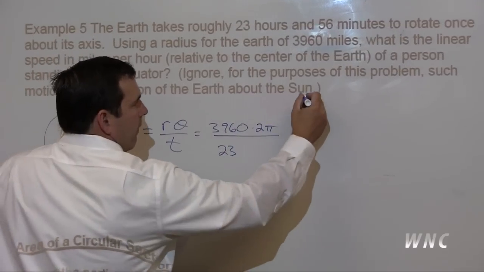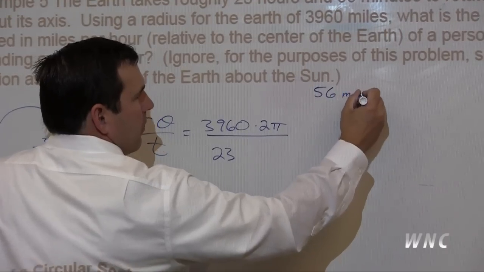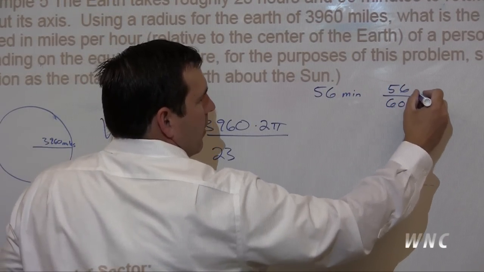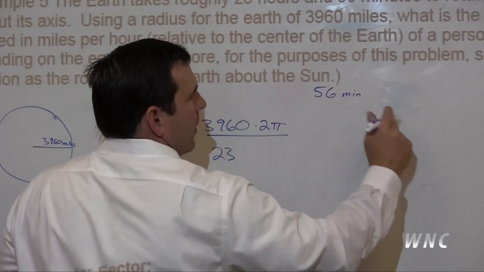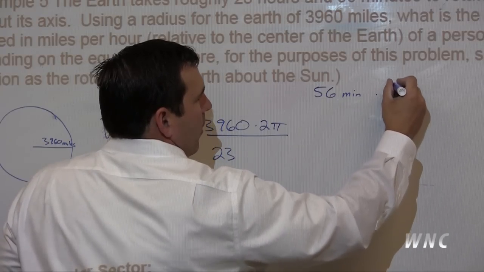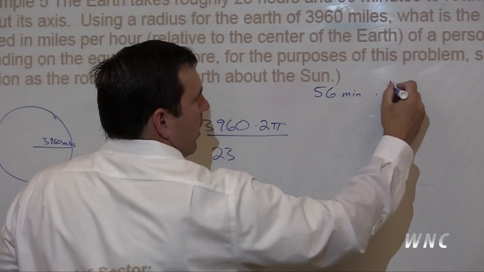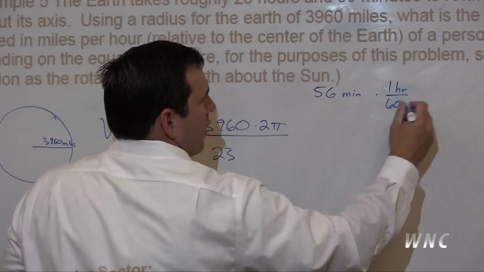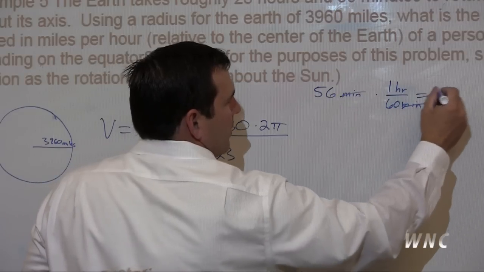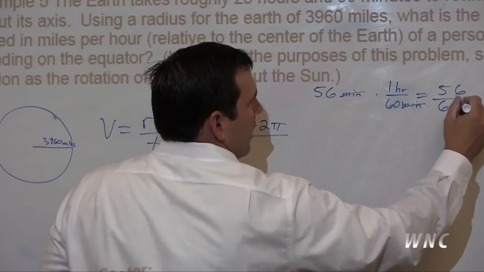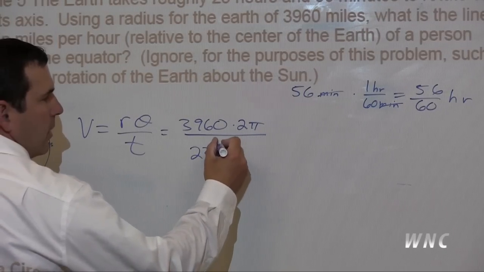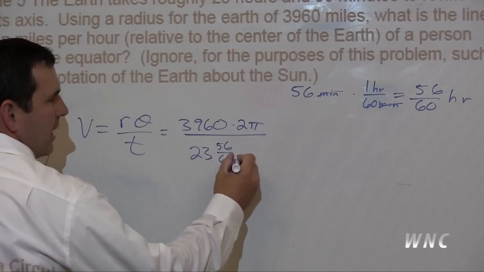Well, 56 minutes would be 56 over 60. Let me just do this conversion, times 1 hour over 60 minutes. So the minutes would cancel. That gives us 56 over 60 hours, that fraction of an hour. So 23 hours and 56 60ths of an hour.